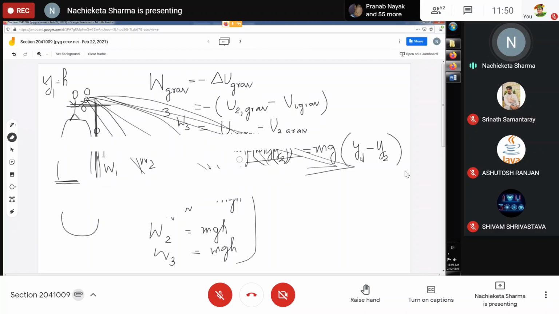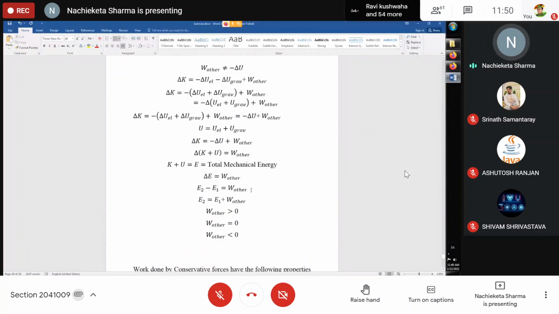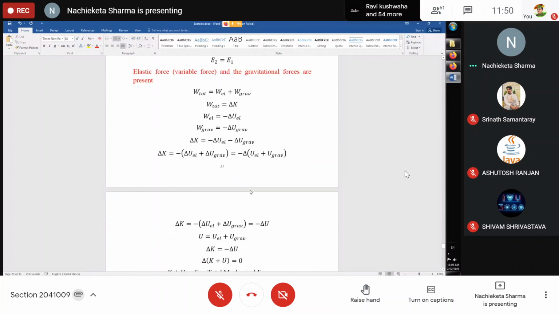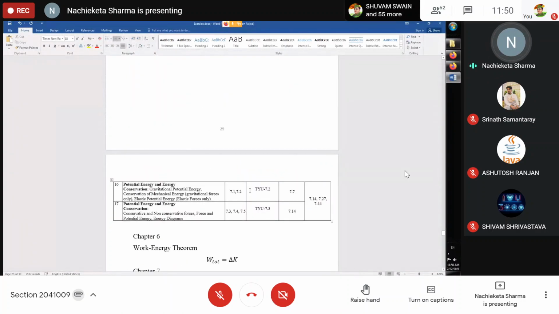So these are the four properties. Now, is there any question on this? Let us find out. Texture understanding 7.3 and 7.14.